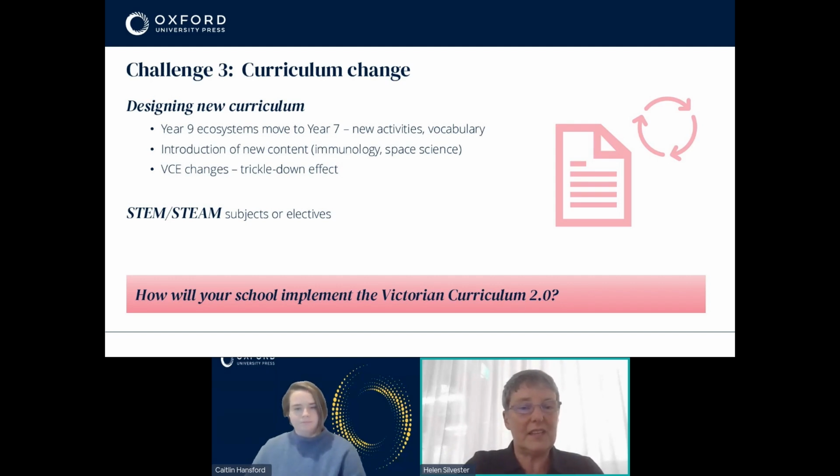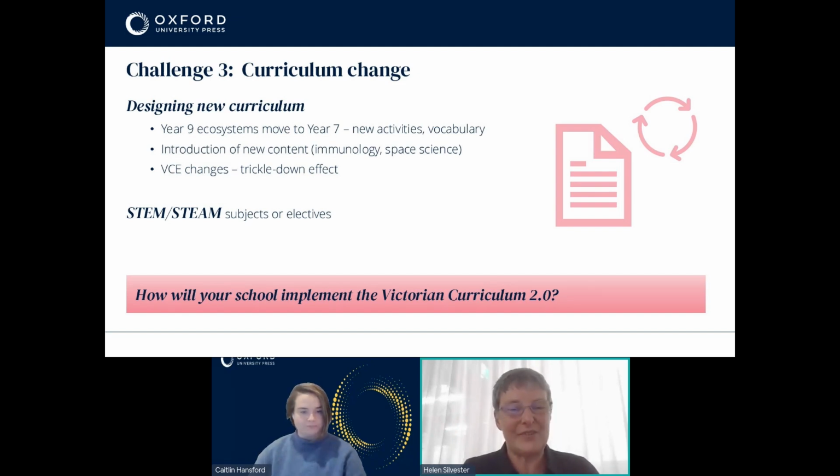You also need to think in terms of introducing new content. So I pointed out that immunology and space science are 2 new areas in Victoria. And because they're Victorian-based, not Australia-based, that means you need to plan for the content that you're going to teach in there.